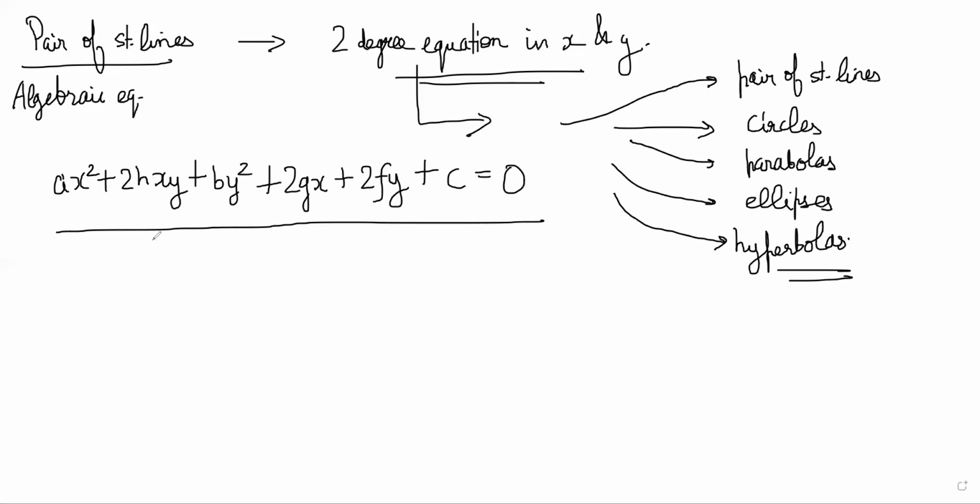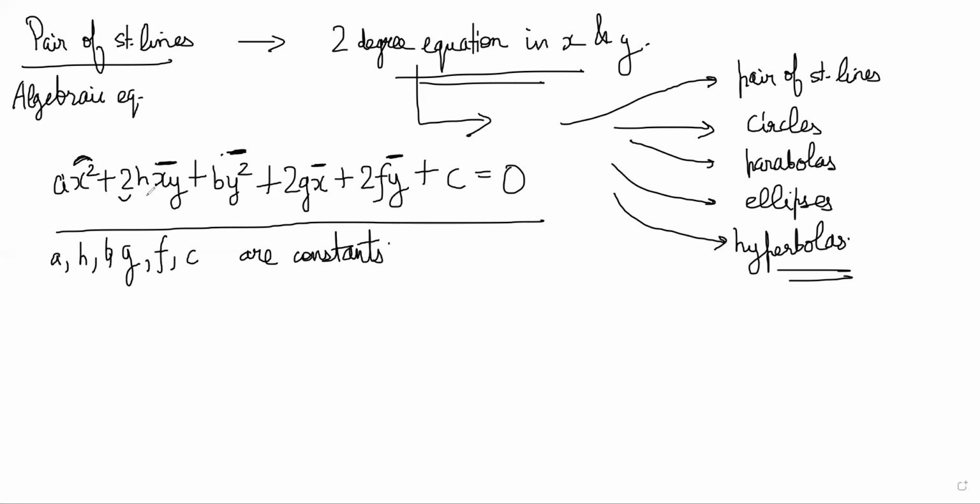Here, a, h, b, g, f, c are constants. Notice that this term is degree 2, this term is degree 2, this term is degree 2, and there are degree 1 terms also, and there is a constant term, right? So this is the most general 2-degree equation in x and y.